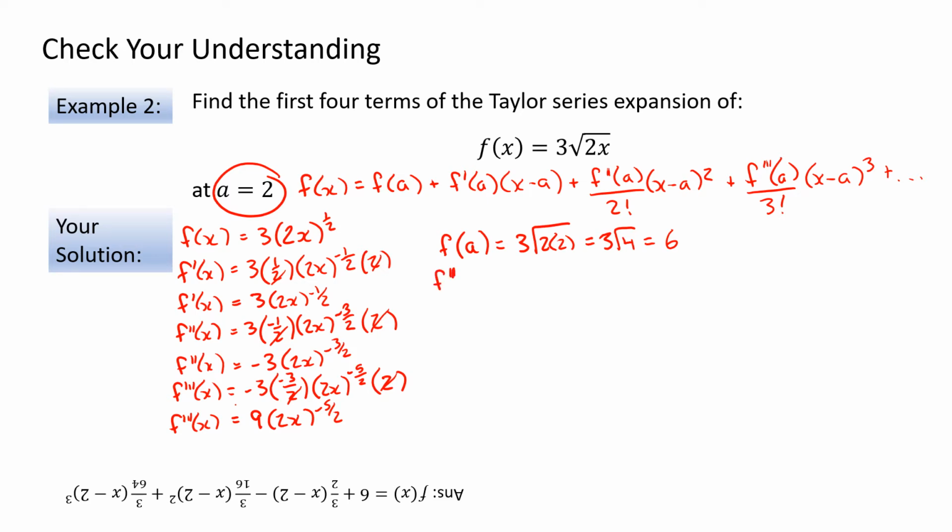Our first derivative, f prime at a, is equal to 3 times 2 times 2, in this case to the exponent negative 1/2. You could have also written it as 3 divided by the square root of 2x. Either way works. If you multiply that one out, you get 3 divided by 2.